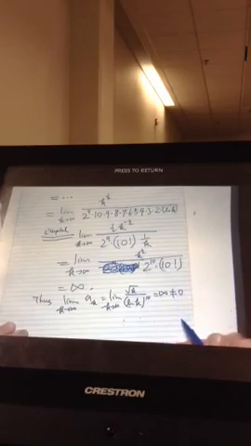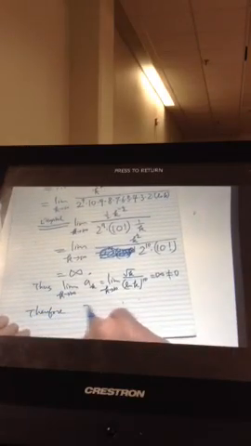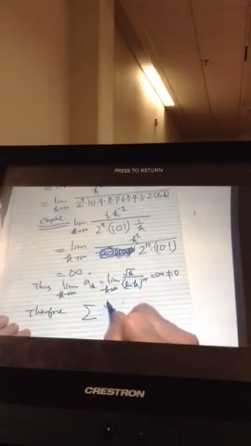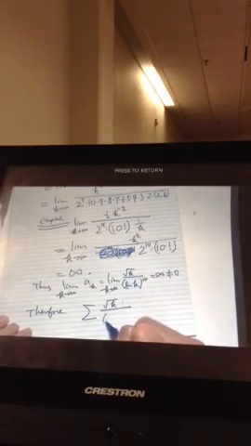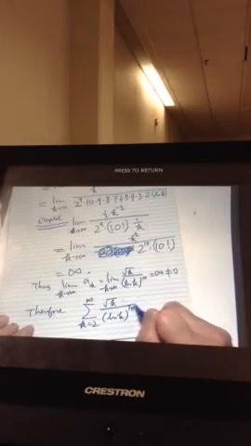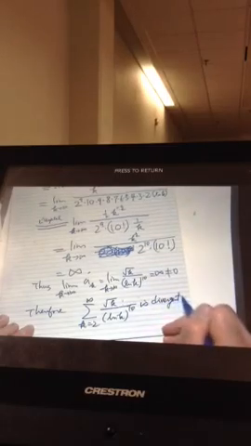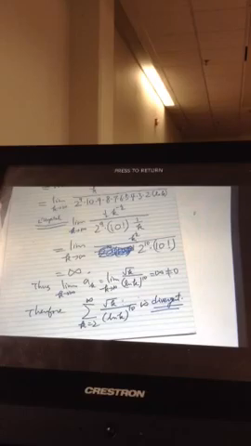Infinity is not 0. Therefore, our conclusion: the sum of this is divergent, because the kth term does not go to 0.